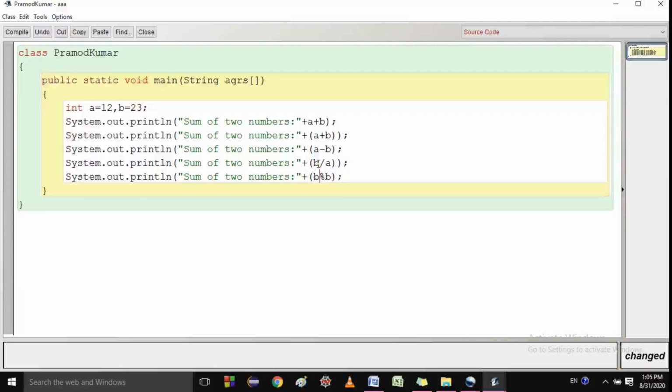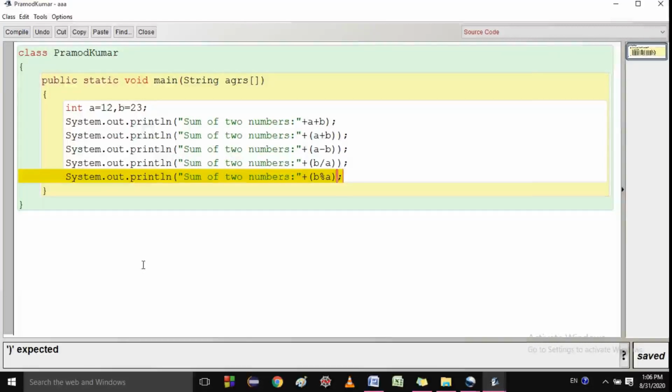That means you will not get any confusion, because if 23 is divided by 12, then you will get some quotient and some remainder. So let me compile it, then I will explain one by one. Expected some problem over here, I left one bracket.